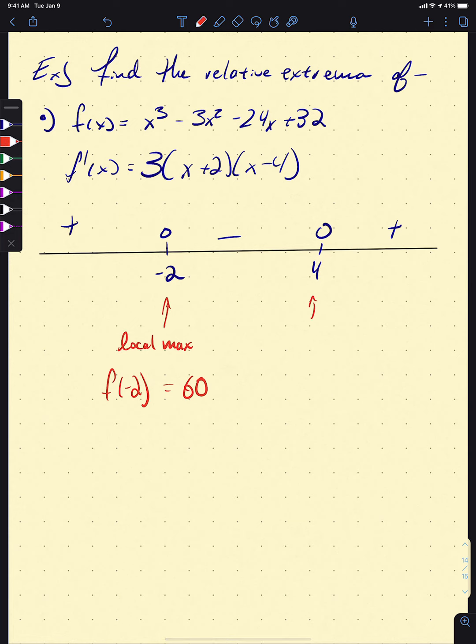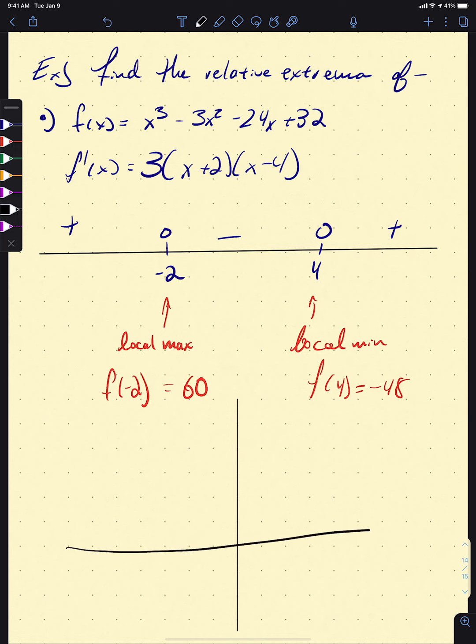Similarly, 4 is going from negative to positive, which means this is a local minimum, right? And if you were to look at f of 4, this would come out to negative 48. And probably early next week, we'll look at graphing these guys, right?